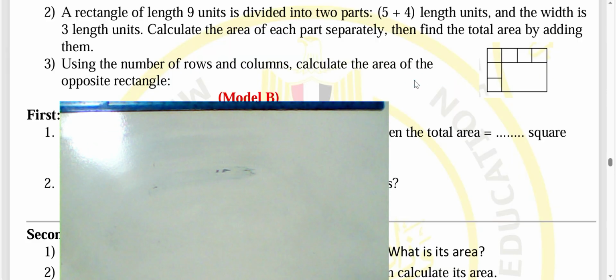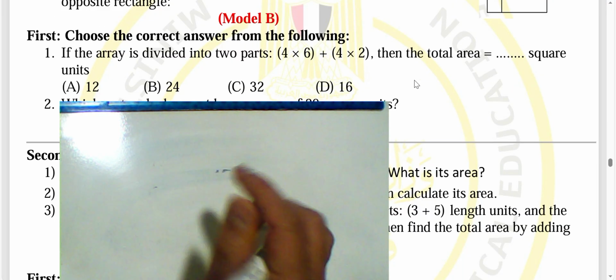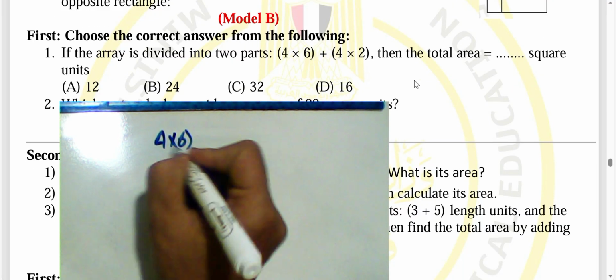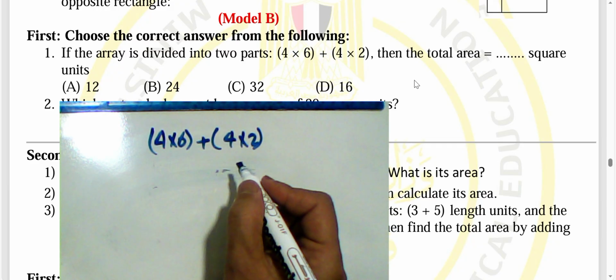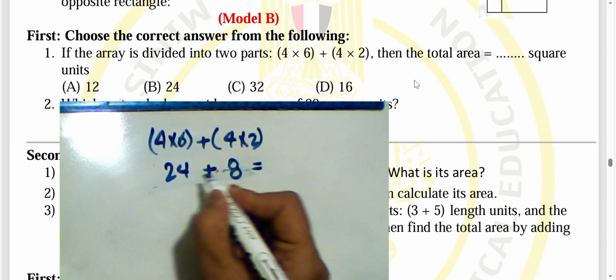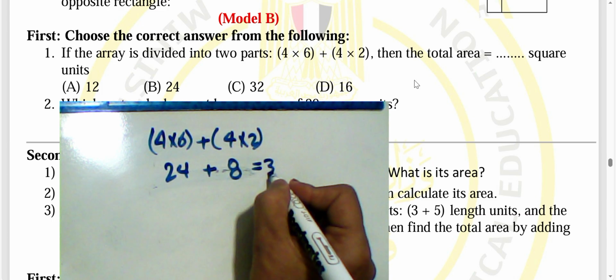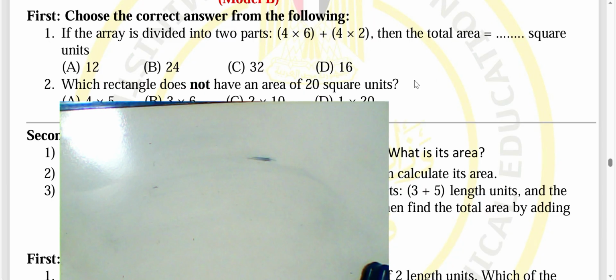Next question, letter B. If the area is divided into two parts, 4 times 6 and 4 times 2, we want to find the total area. 4 times 6 is 24 and 2 times 4 is 8. 24 plus 8 equals 32 square units. Choose letter C.